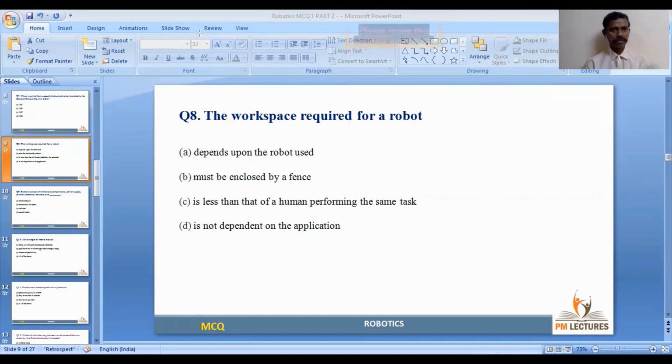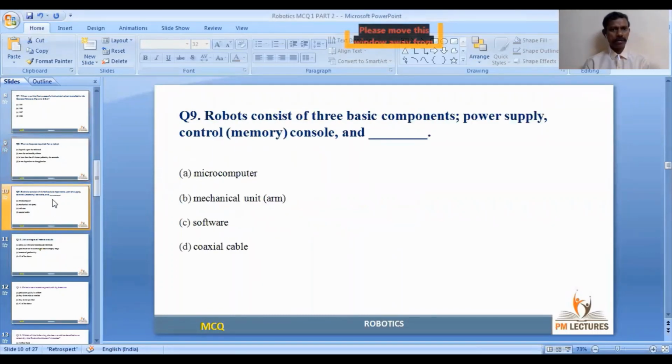Okay. So next question, ninth one. Robots consist of three basic components, namely power supply, control console, that is memory, control console, and dash. Option A, microcomputer.